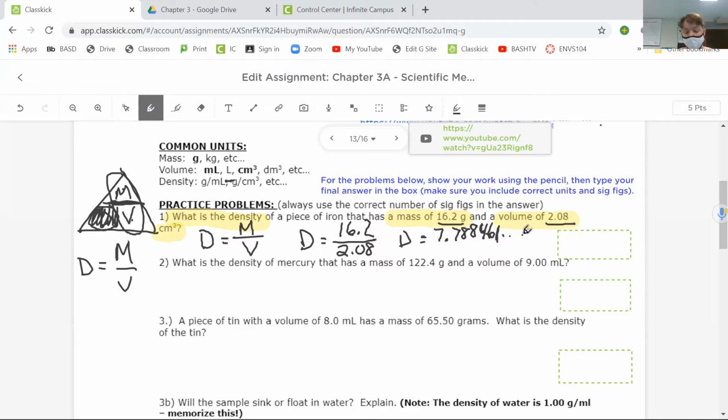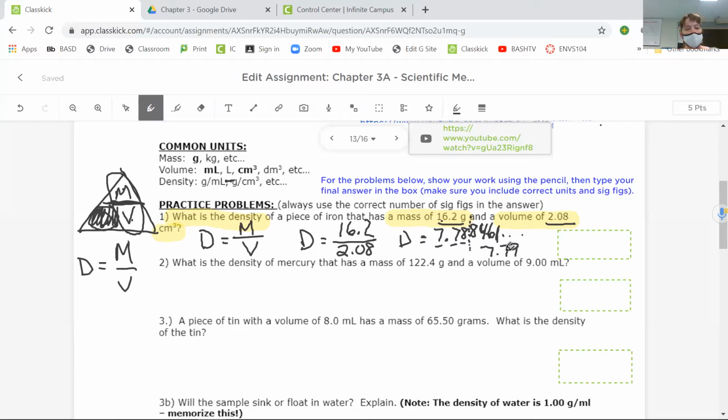So because we did division here, we need to go with the least number of sig figs in the problem. Here we had 3 sig figs, here we had 3 sig figs, so our answer needs 3 sig figs. Here's our first sig fig, second, third, and if we cut off after that 8, we must look at the next number, and we know that we have to round up to 7.79.